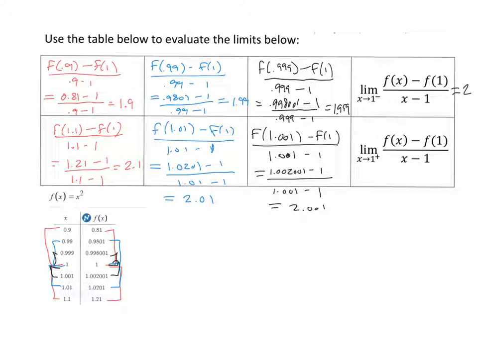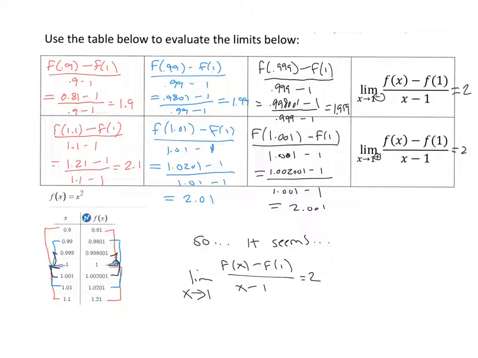From the left-hand side, we saw that it was 2. From the right-hand side, it looks like it's 2 as well. And remember that if the right-hand limit and the left-hand limit are the same, we can conclude, or at least for now say it seems, that the two-sided limit, the limit as x goes to 1, equals 2.